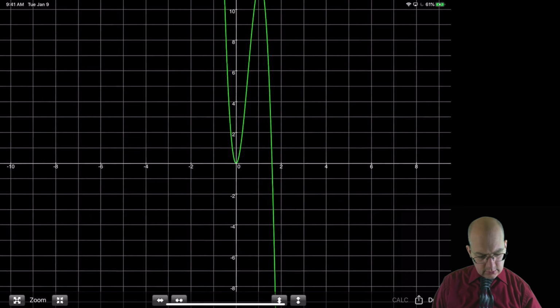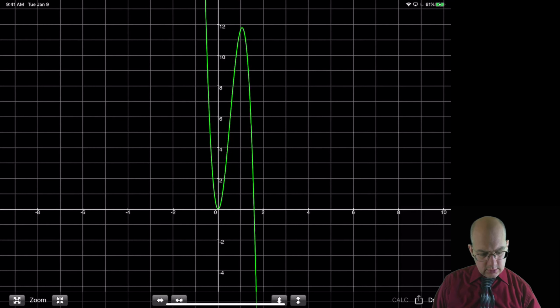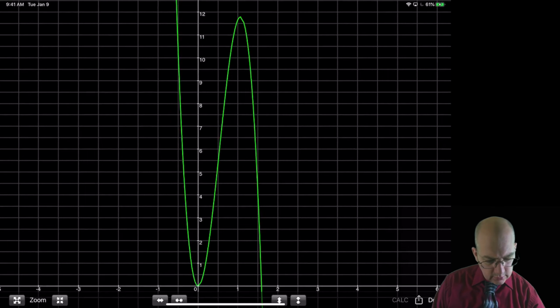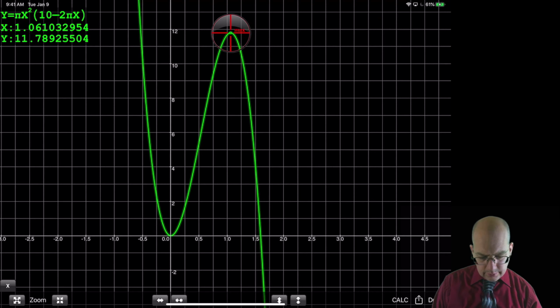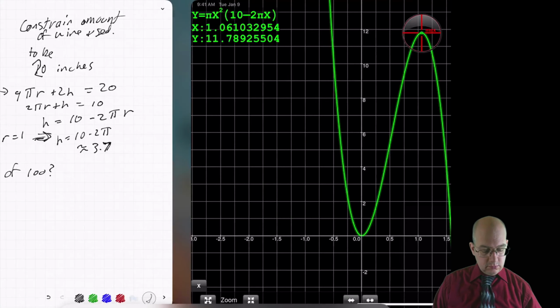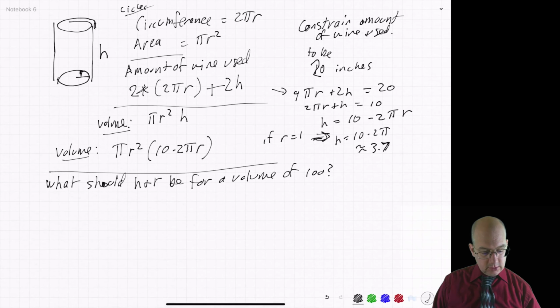All right, here we go. So it looks like we should be able to get up to, well, there's the max, 11.8. Okay, so no solution.